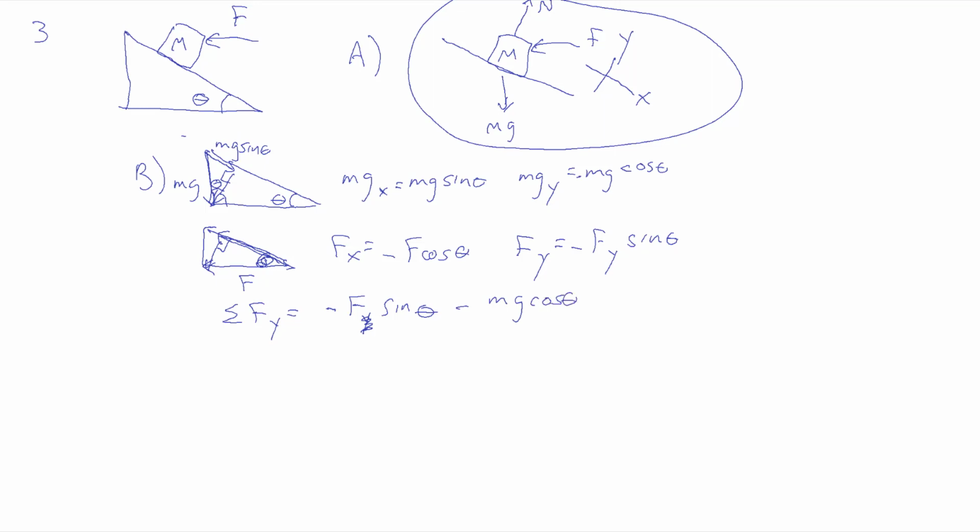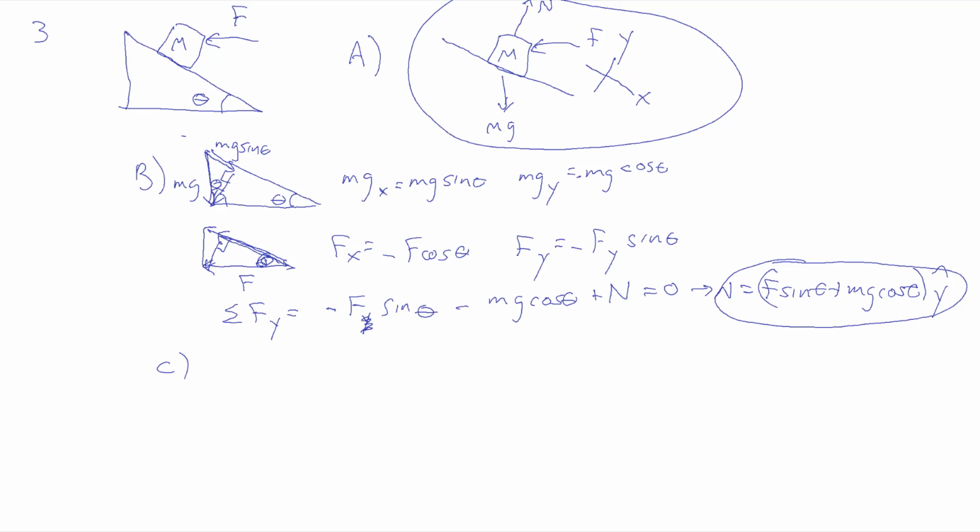And I've got my normal force. So I've got three forces that have components in the y direction, but those have to sum to zero because there's no acceleration in the y direction. So I can solve this for the normal force. It's just F sine theta plus mg cosine theta in my y hat direction. It does ask you for the magnitude and direction, so with my coordinate system I want to put in that y hat. So that's the answer to part B.